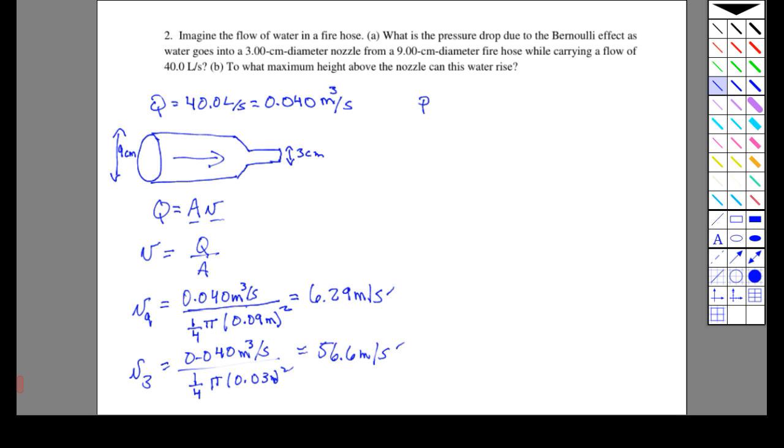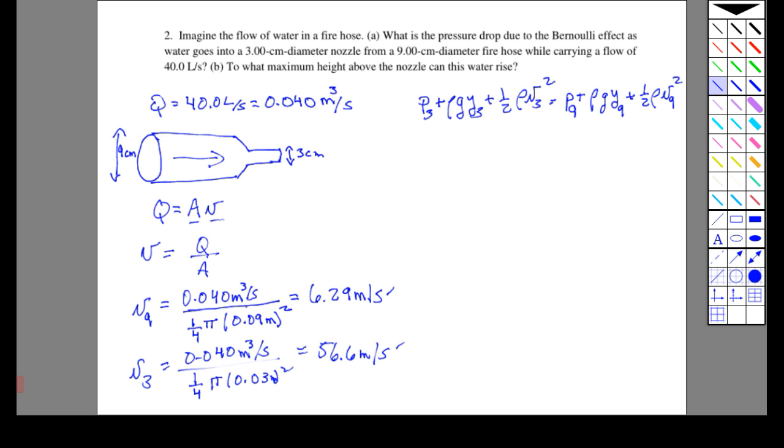So from Bernoulli's equation, we know the pressure through the 3 centimeter diameter nozzle plus rho times g times the height of the 3 centimeter nozzle plus 1/2 rho v3 squared, not v cubed, v3 squared, is equal to P9 plus rho g y sub 9 plus 1/2 rho v9 squared.